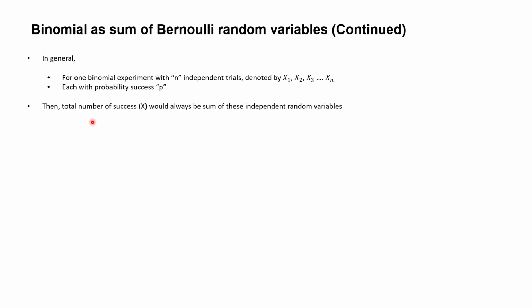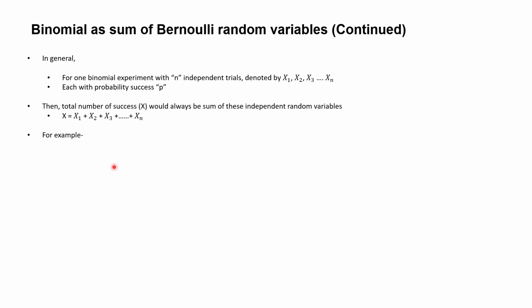In general, for one binomial experiment with n independent trials, each independent trial denoted by x1, x2 till xn, with each having probability p of success, then we can easily say the total number of successes x would always be the sum of independent random variables, which is x equal to x1 plus x2 plus x3 and so on. So this is how we can add these independent random variables' values to get the binomial random variable value.